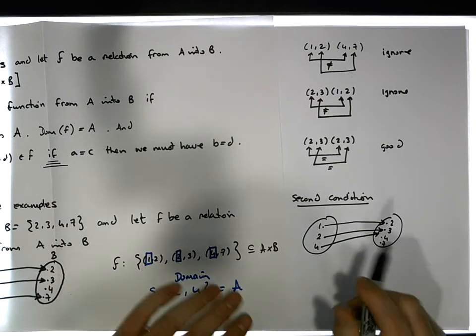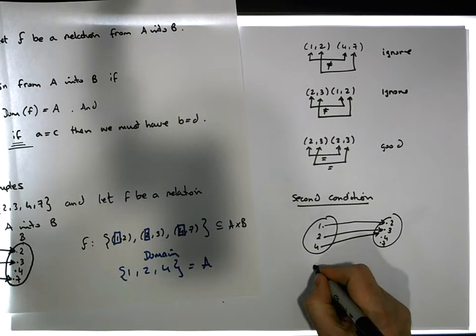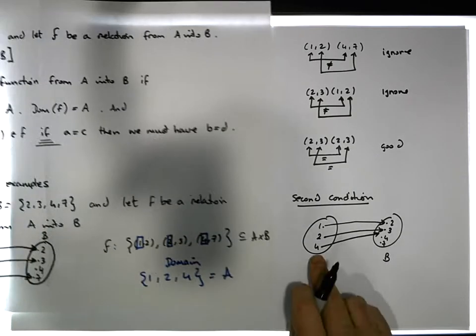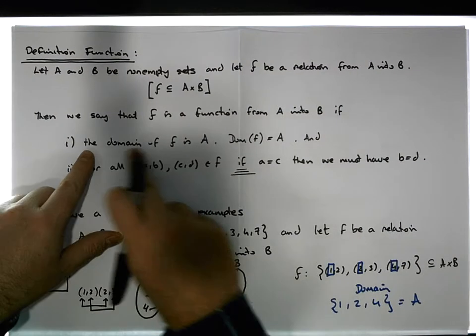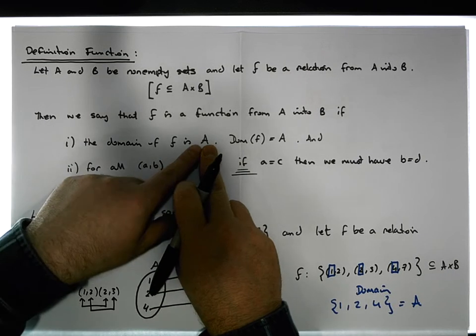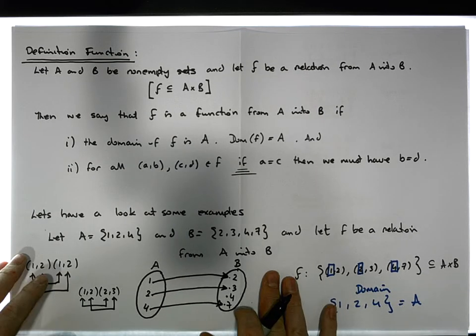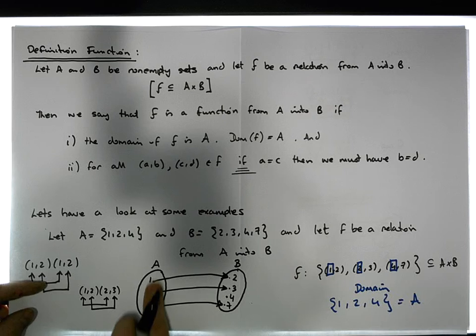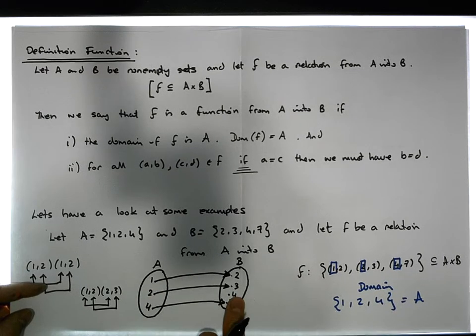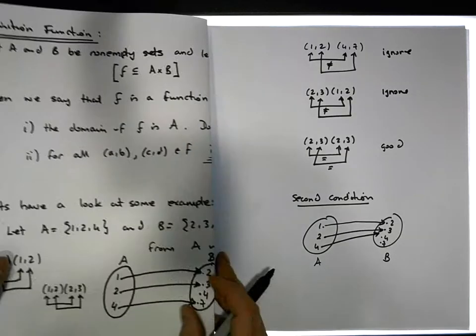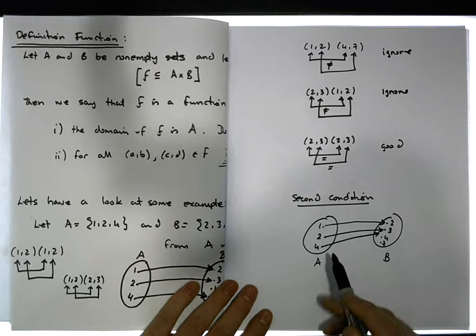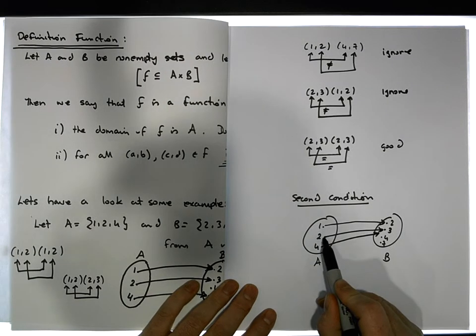Well, first of all, it meets the first condition, if this is set A and this is set B, okay. It satisfies the first condition. Every value in A is mapped into some other value in B. Okay, that's good. So we match the first condition. What about the second condition? Well, let's have a look. Let's have a look at the ordered pair 2 goes to 3.